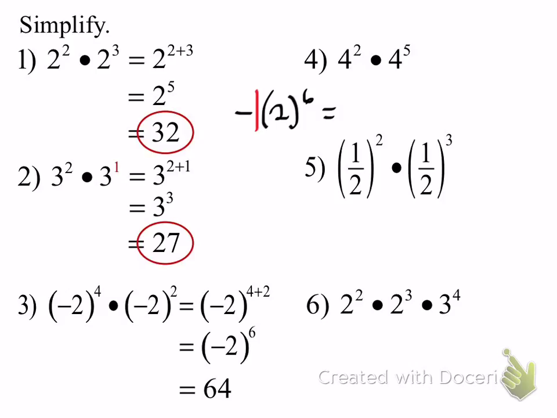Even if it was written like this, negative 2 to the 6th power, in order for that negative to be part of the base, what is the 6 touching? Just the 2. The negative is not. This is the same thing as negative 1 times 2 to the 6. Do you understand the difference there? That's the same thing as negative 1 times 2 to the 6. Is that making sense? Yes, I understand. No, I don't.